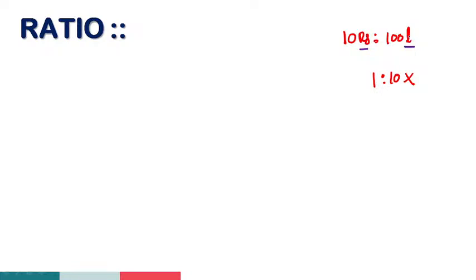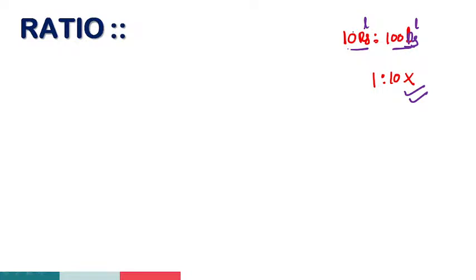For example, 10 rupees, 100 rupees, then the answer is 1 is to 10. 10 liters, 100 liters, and the answer is 1 is to 10. So 10 rupees is one quantity, 100 rupees is another quantity. Two quantities of the same units is called the ratio.